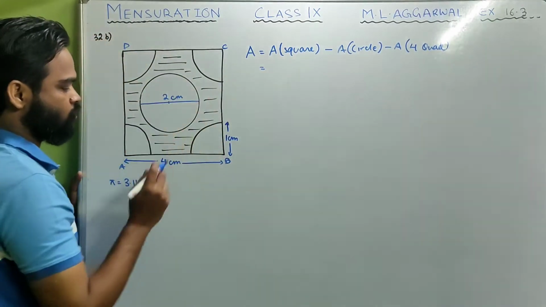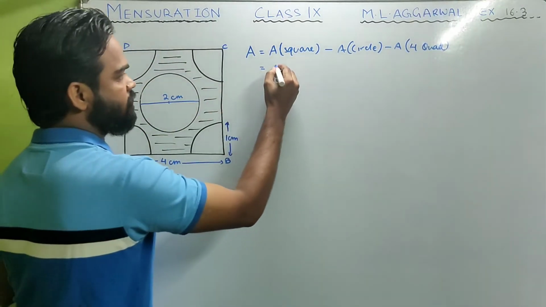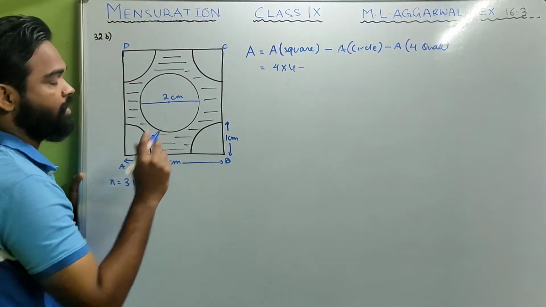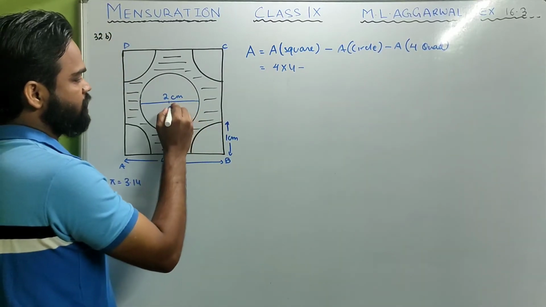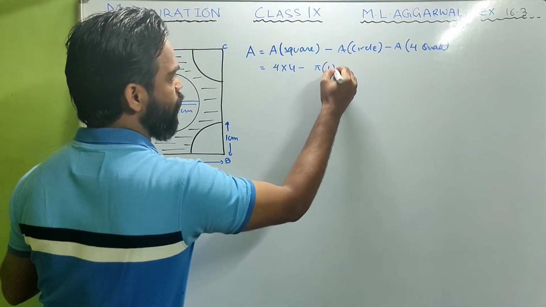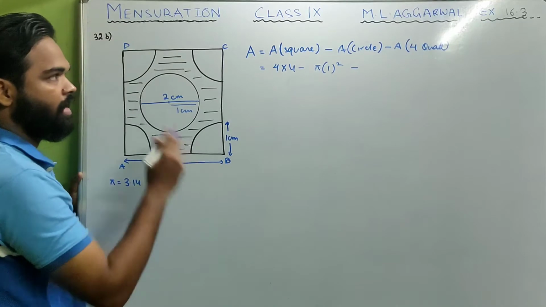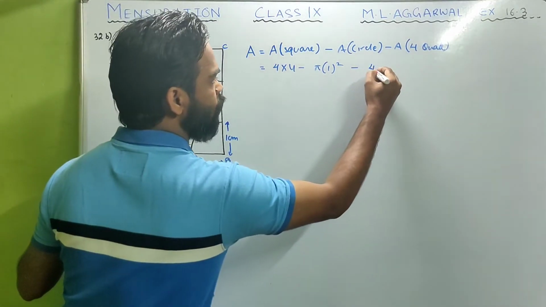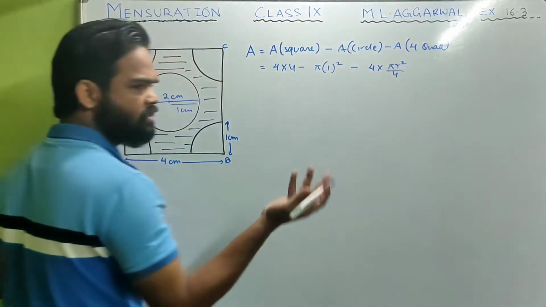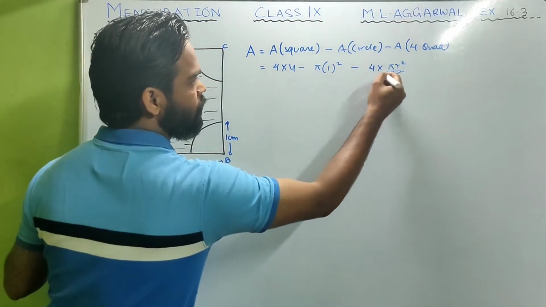Now area of the square, this is 4, so that's 4 multiplied by 4. Area of a circle, the radius is of course 1 centimeter, so that's pi r square, that's 1 square, minus area of 4 quadrants will be 4 multiplied by pi r square by 4, which is area of a circle only.